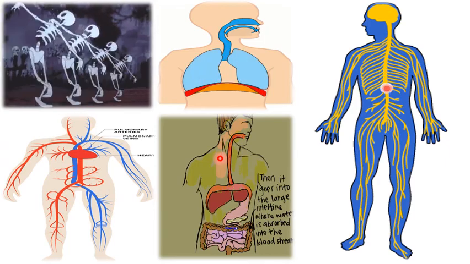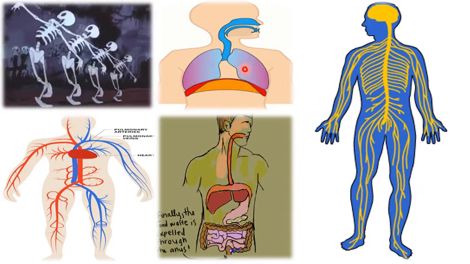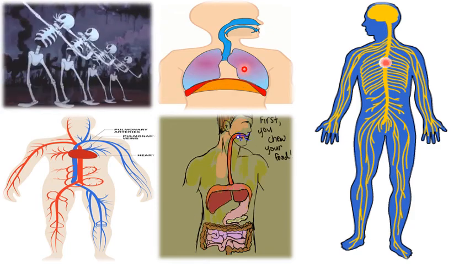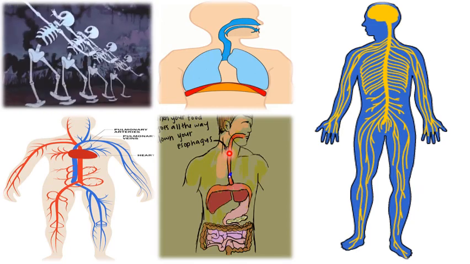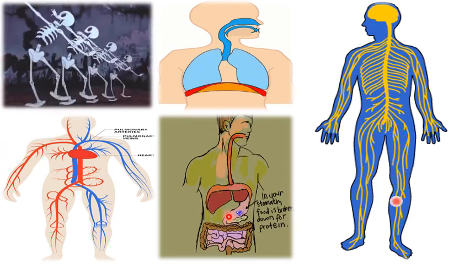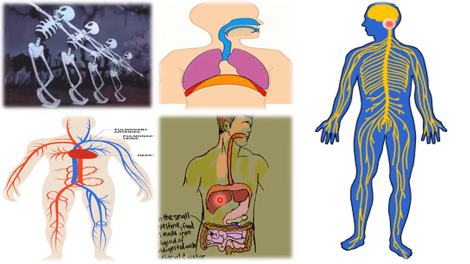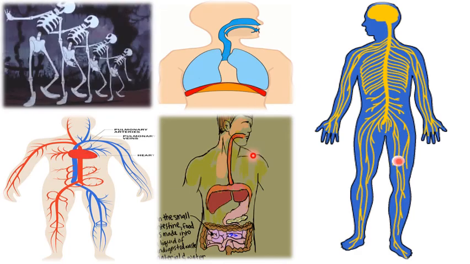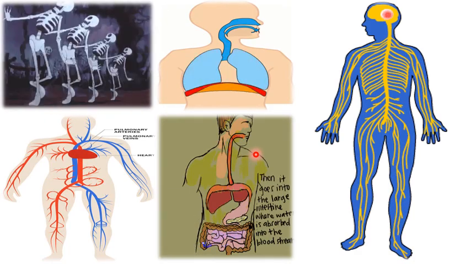One important thing regarding a system is that it includes more than one organ. For example, the digestive system includes the stomach, large intestine, small intestine, mouth, and glands. It means when we talk about a system, we are talking about more than one organ.